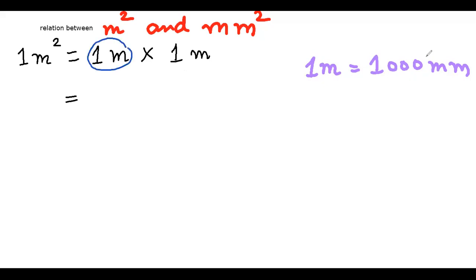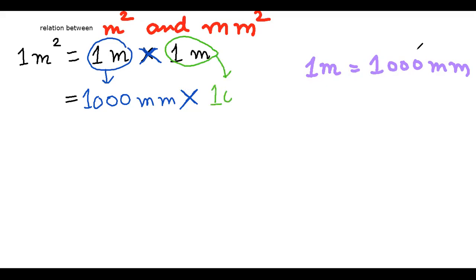So 1 meter can be written as 1000 millimeter, then a sign of multiplication, and the other 1 meter will be further converted into 1000 millimeter.